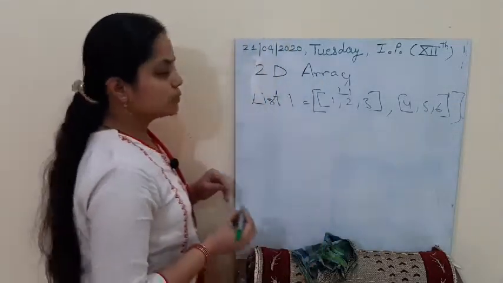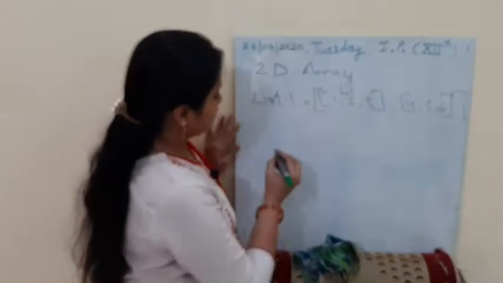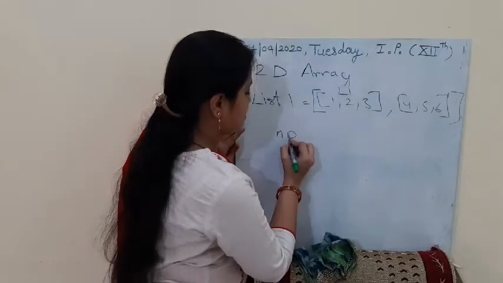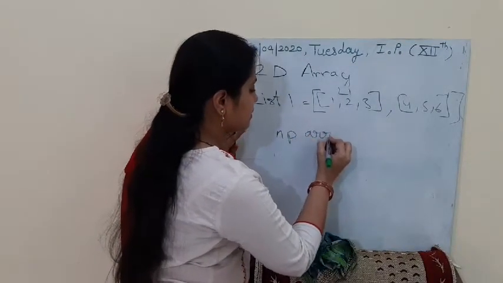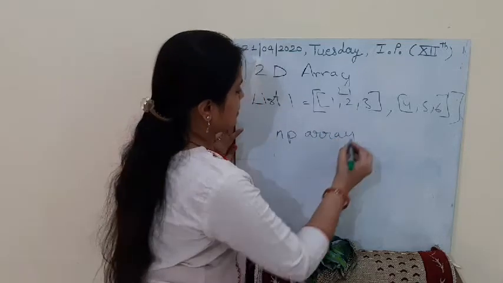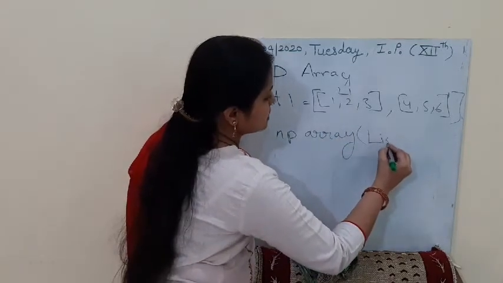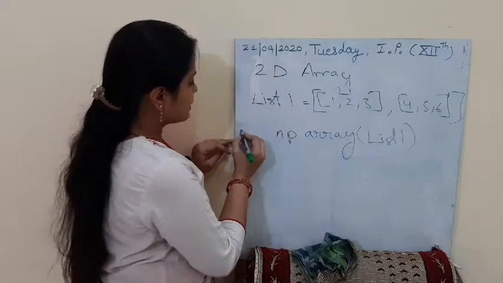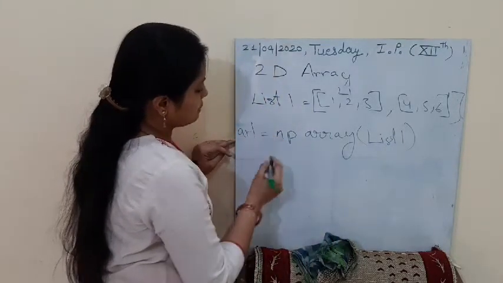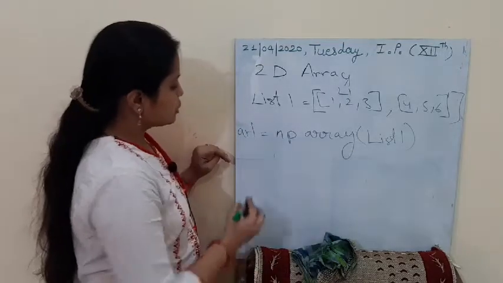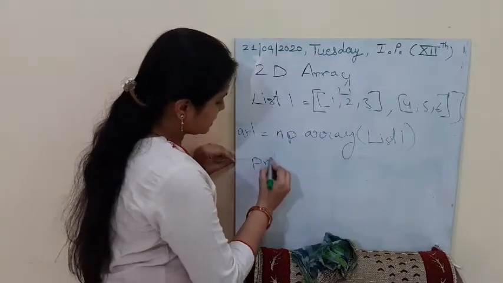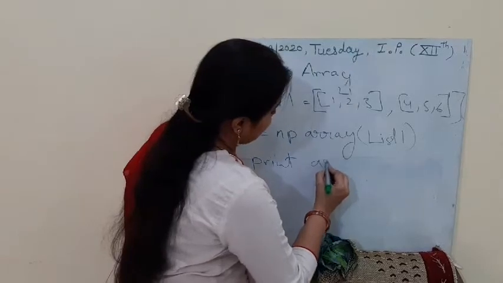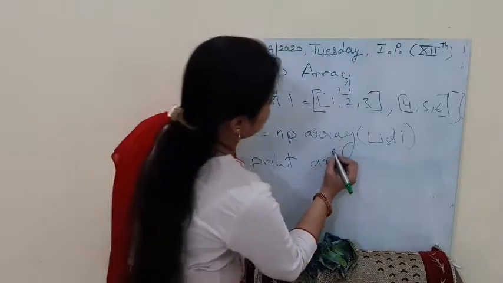So when I am going to use it with a function, how will I use it? np.array, and we will convert list1. So I will give it a name: AR1 is equal to np.array(list1). So if I write print AR1, what will be the result?